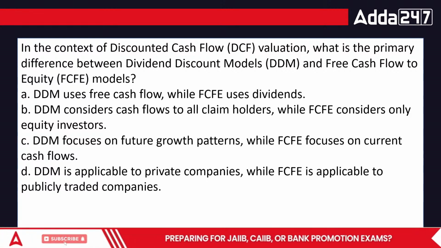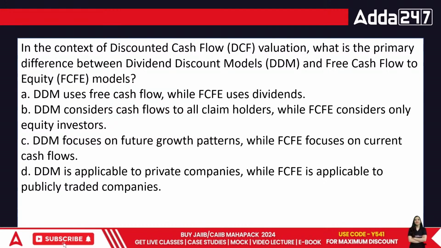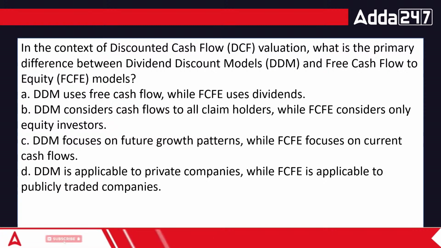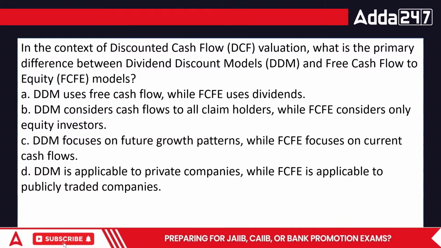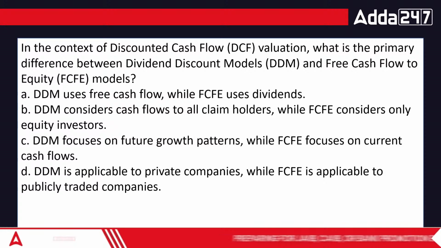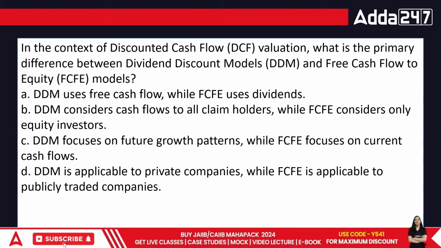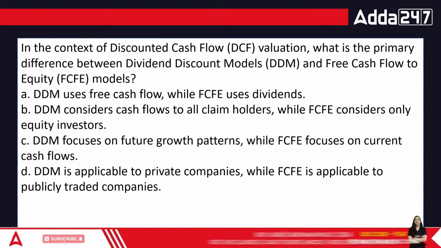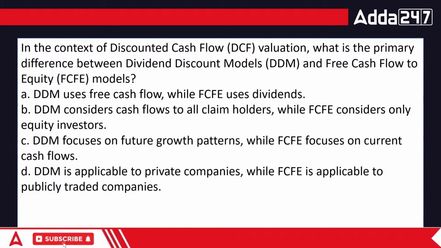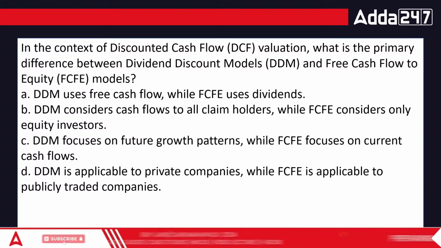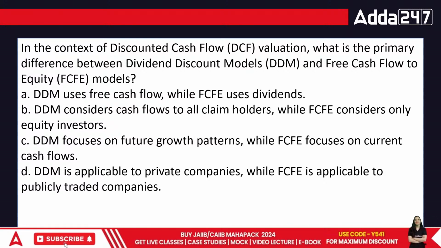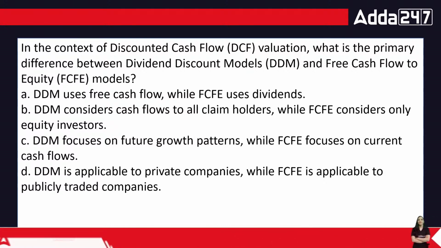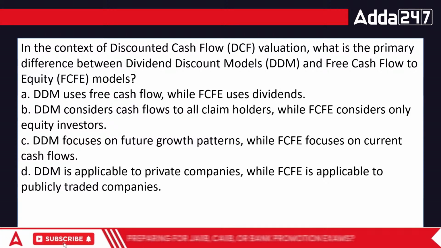So the first option: DDM uses free cash flow, while FCFE uses dividends. DDM considers cash flows to all claim holders, while FCFE considers only equity investors. DDM focuses on future growth patterns, while FCFE focuses on current cash flows. DDM is applicable to private companies, while FCFE is applicable to publicly traded companies.